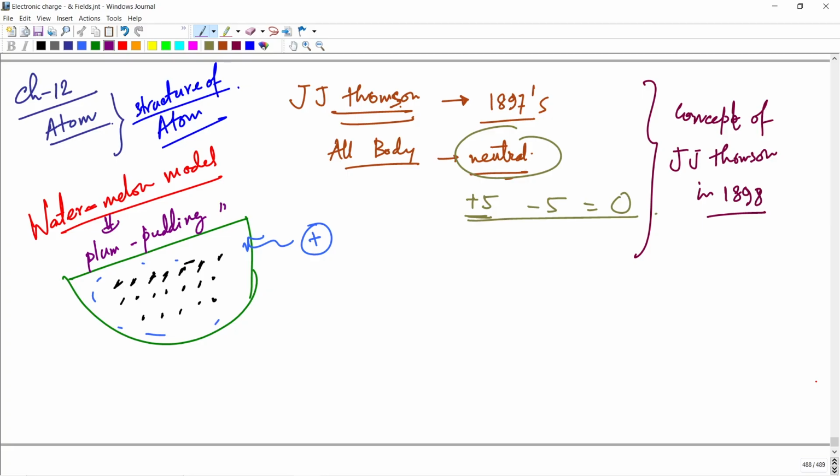The concept is that the positive charge is uniformly distributed throughout the volume of the atom. If the atom is a watermelon, the seeds are the electrons, the positive charge is distributed throughout, and the electrons are the seeds. Clear? That is the plum pudding model.